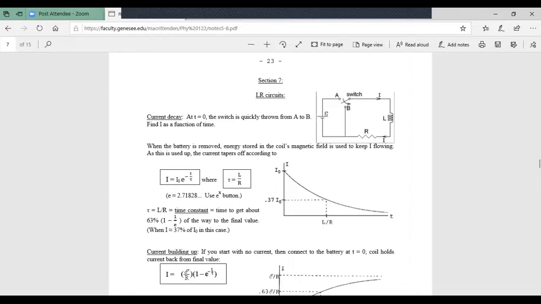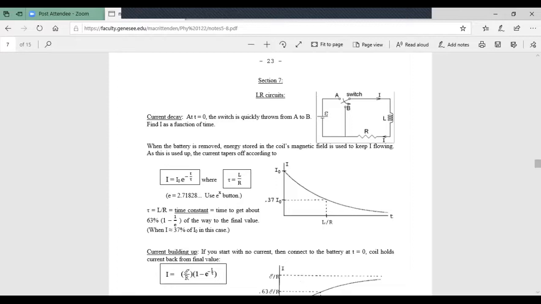T on top there means what time is it? Where are you along the horizontal axis? So the time constant is a fixed number for a certain circuit. It's L over R. The t above it there is a variable. As the clock runs, t gets bigger and bigger.